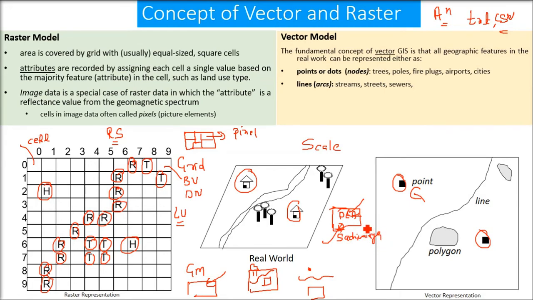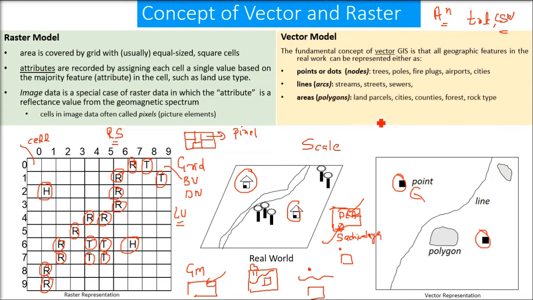You cannot give the houses or rooms as a point. You have to make a polygon. But if you make a map of a city, then that particular building can be shown by a point also, or a polygon also. So points or dots or nodes, this is the first feature.